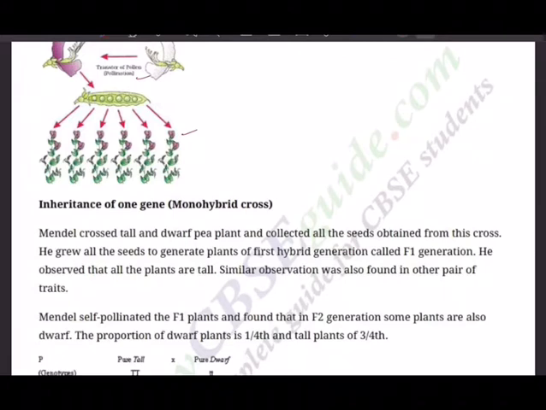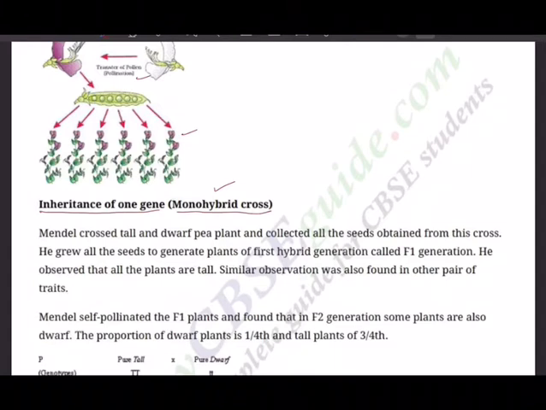When he picked up one gene, inheritance of one gene, he called it a monohybrid cross. He considered one trait here, tallness, the length of the plant, whether the plant is tall or dwarf, meaning short.